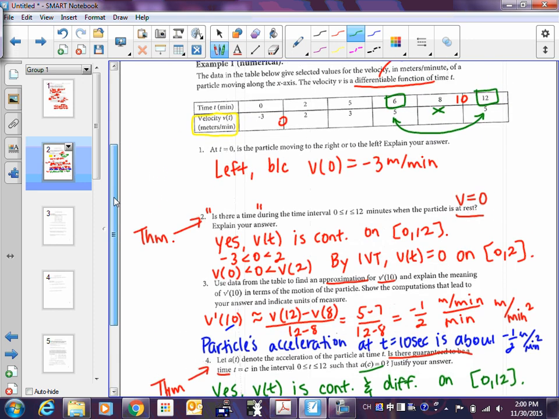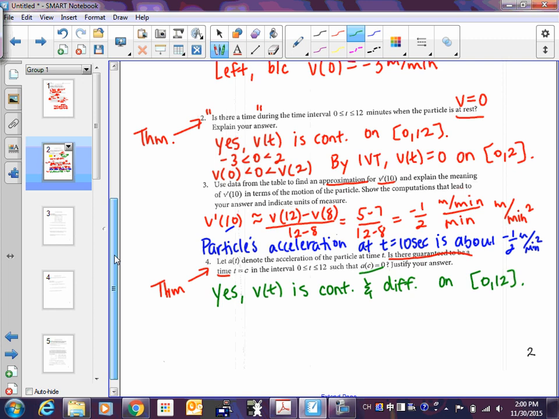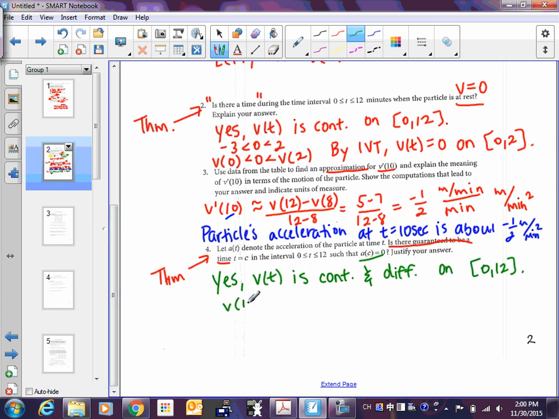And it was from 6 to 12. Okay, so that would be v of 12 minus v of 6 over 12 minus 6. Now I'm trying to prove this equals 0. So if it doesn't equal 0, then I have an issue. I need to go back and figure out where I made a mistake. Now because v of 12 is 5 and v of 6 is 5, this works out perfectly.